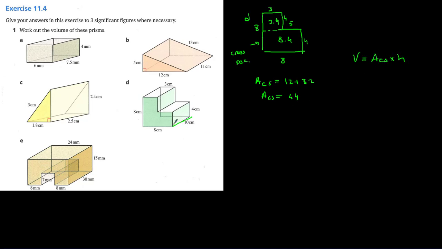Here the height is equal to 10. So the area of the cross section we found, 44, times 10 is equal to 440. All the units are given in centimeters, so it's going to be centimeters cubed. So the volume of the solid is equal to 440 centimeters cubed.